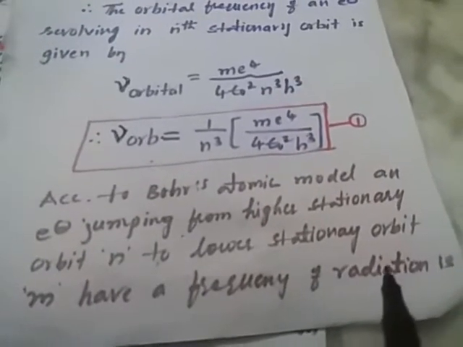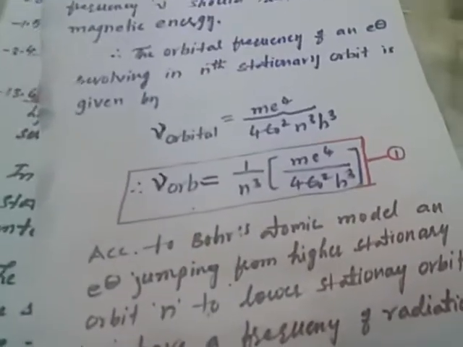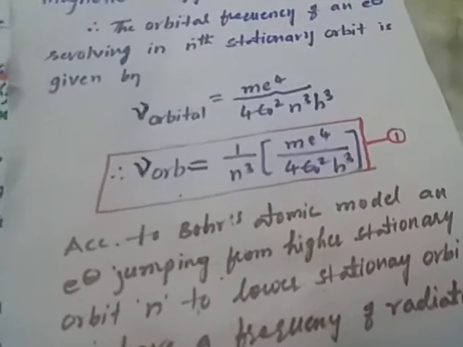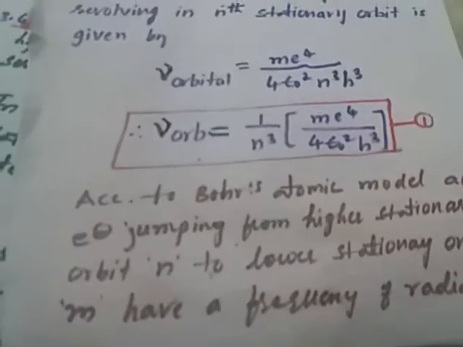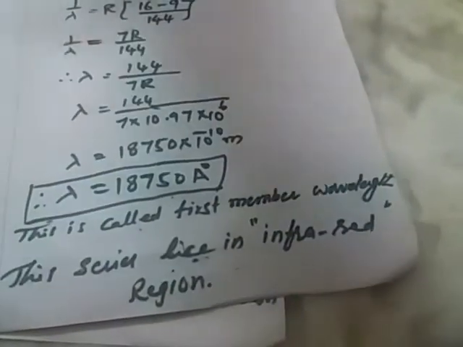According to Bohr's atomic model, an electron revolves around the nucleus in a circular orbit. When the electron jumps from a higher orbit to a lower orbit, from a higher energy level to a lower energy level, energy is emitted.